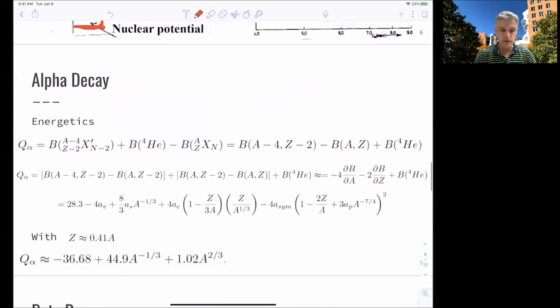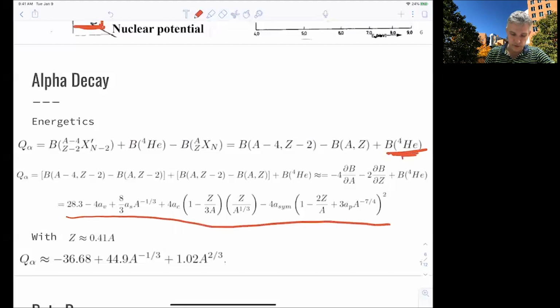We can have a discussion of the energetics involved, and we use our very same formula for the binding energy. So you write this down here, including your helium here, and then just figure out what the contributions of the individual terms are.